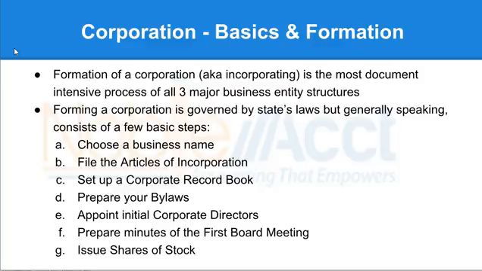Generally, this record book includes articles of incorporation, your corporation's bylaws, minutes of your first and ongoing shareholder or director meetings, your share certificates, etc. This corporate record book must be kept at the business's principal location, and it should include all legal paperwork related to forming and operating the corporation.